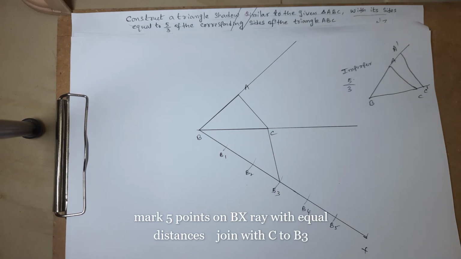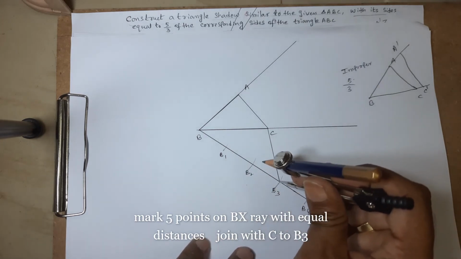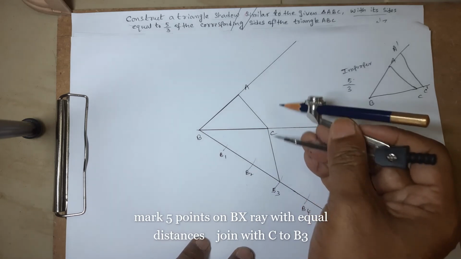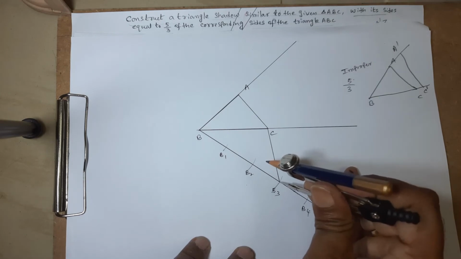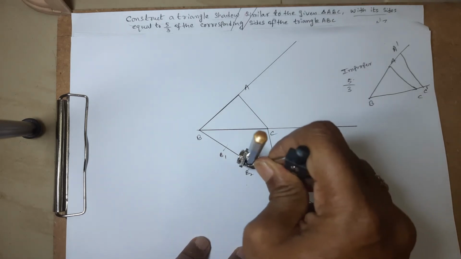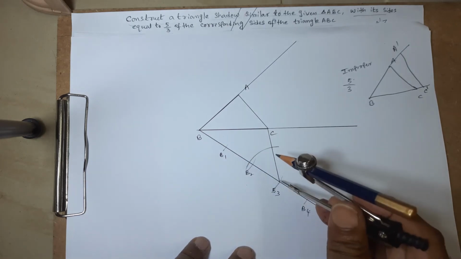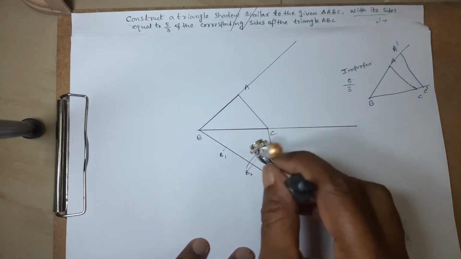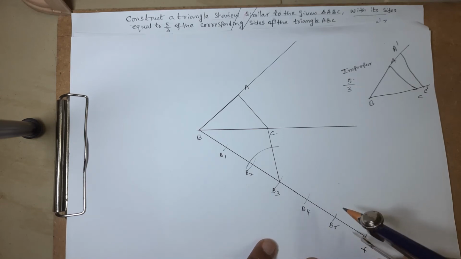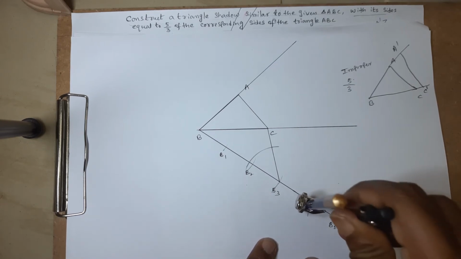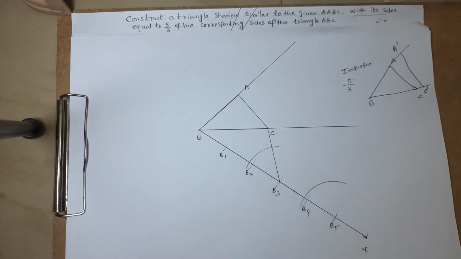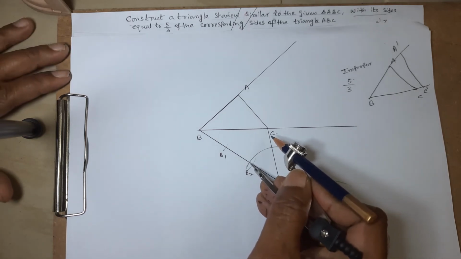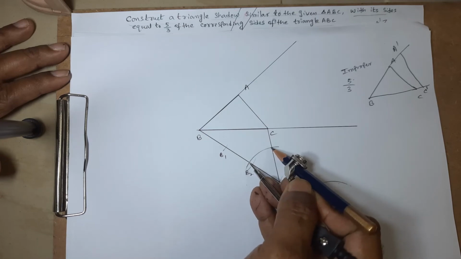Now we have to draw parallel lines. We have to draw a parallel line to B3C through B5. So the process is, just draw an arc like this with B3 as center. Here with B5 as center also, draw another arc. Now measure this distance, my dear students, like this.